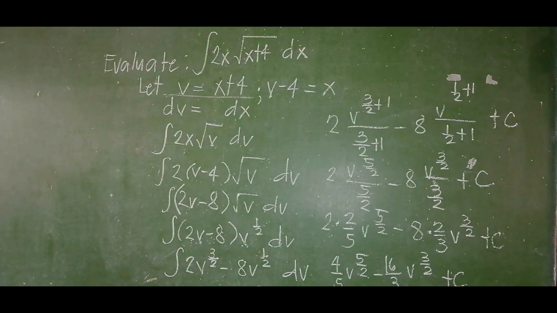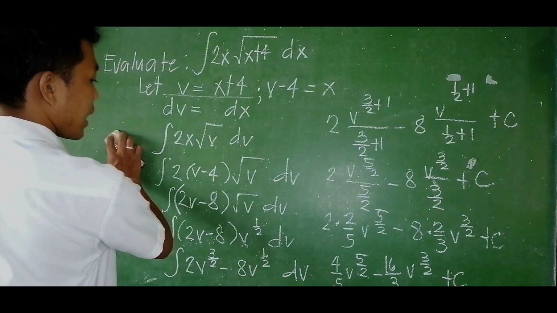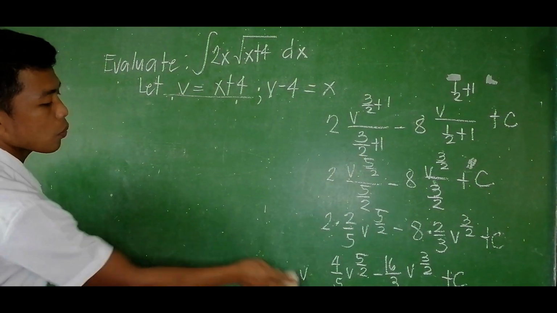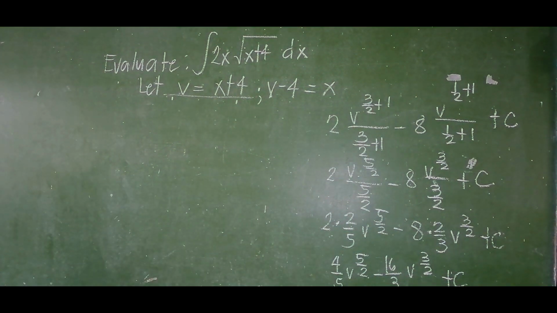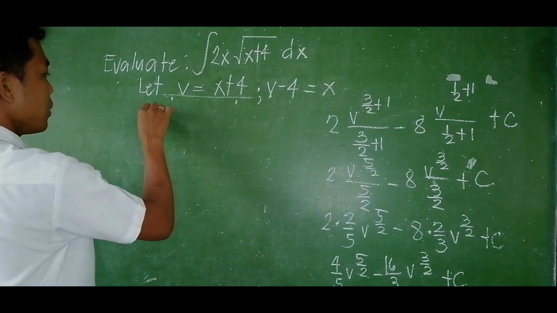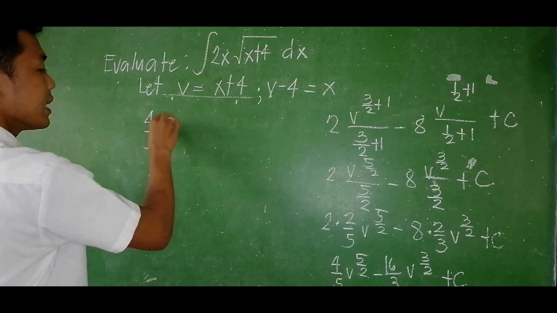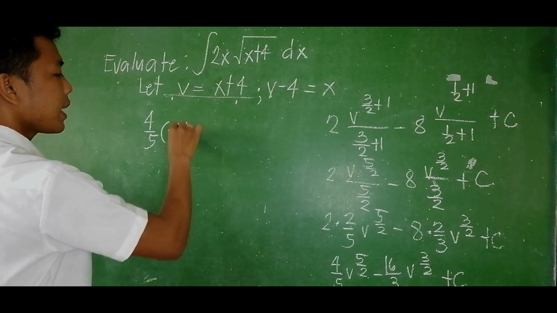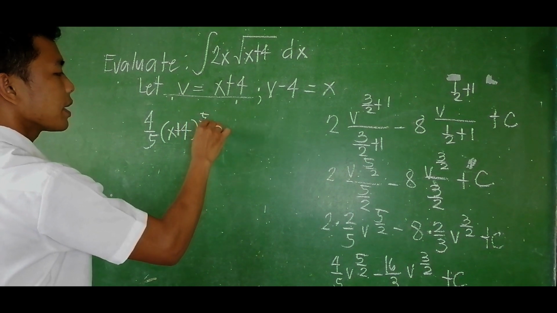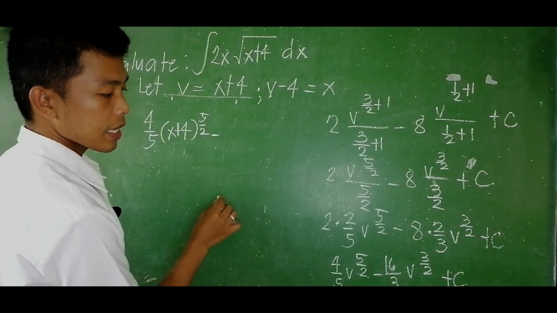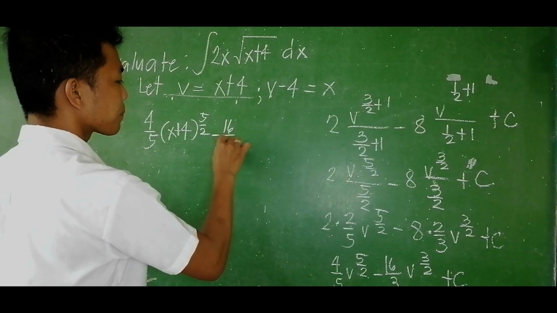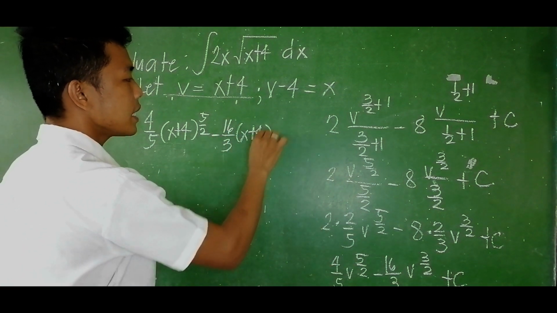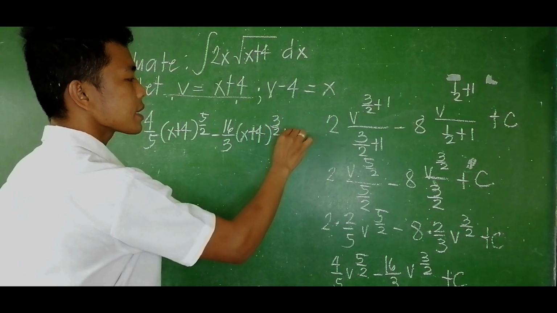That will now give us 4 over 5 times the quantity of x plus 4 raised to 5 over 2. Again, we have 4 over 5 times, instead of writing v, we have x plus 4 raised to 5/2 minus 16 over 3. And instead of writing v, we have x plus 4 raised to 3/2 plus c.